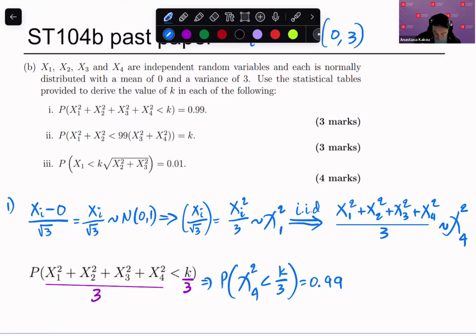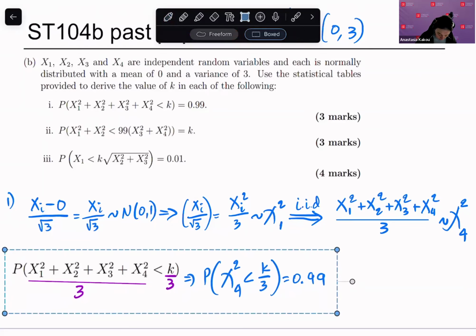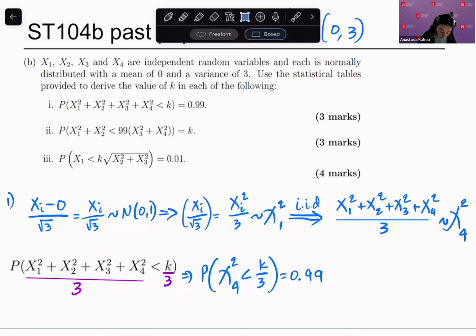All right, so we look at the tables. So let me just move that here. We look at the tables of the chi-square distribution with 4 degrees of freedom. Okay, so this is the chi-square 4.